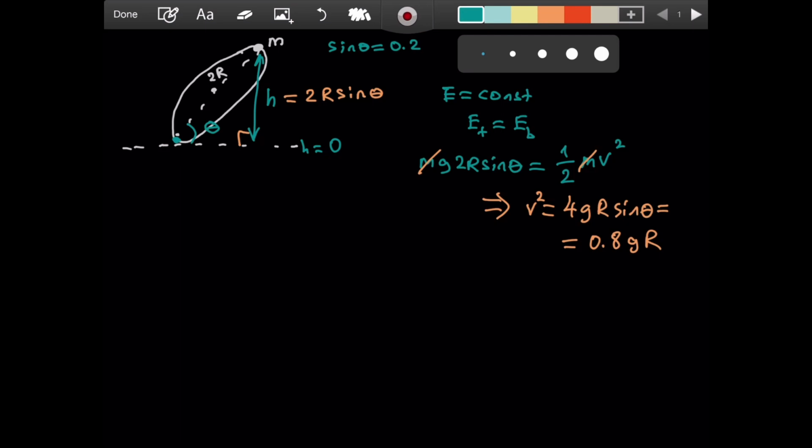Now, what else can we do to solve this problem? The other thing that we need to do is to focus on the lowest point and draw the forces, the free body diagram. At that point, gravity is, of course, going to be acting downwards. And the normal force, we're not sure about its direction.